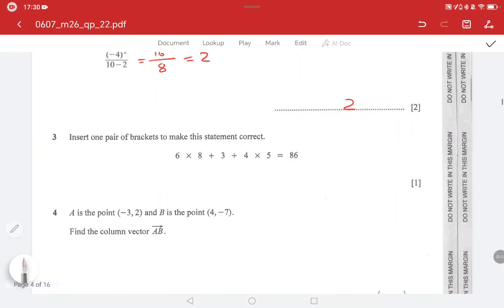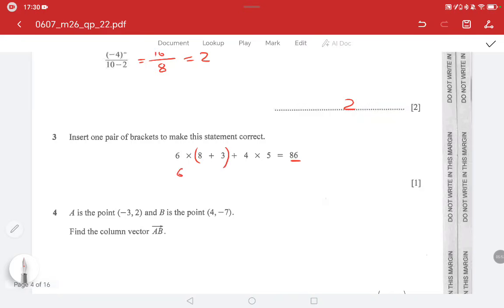Next one, insert one pair of brackets to make this statement correct. So you have 86, and we need to see where exactly we can put the bracket. If we have the brackets here, let's calculate.